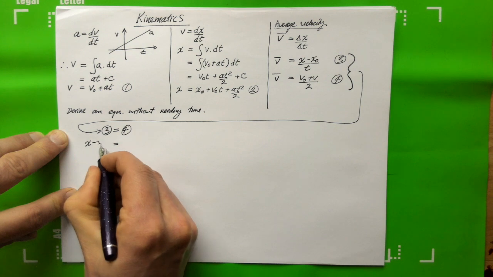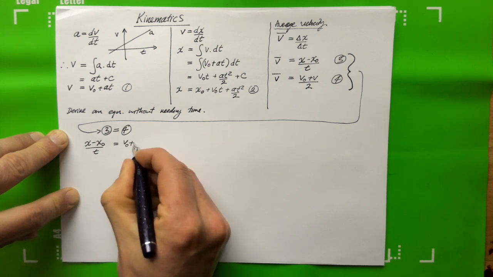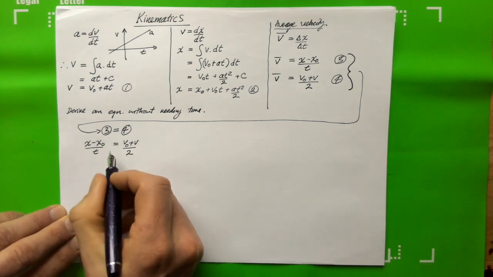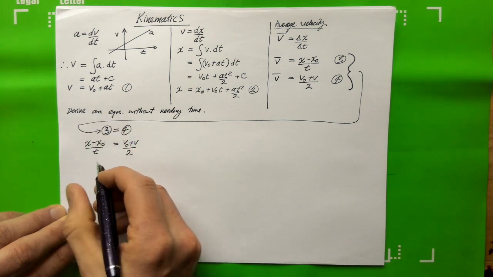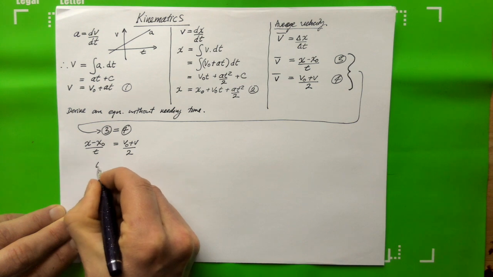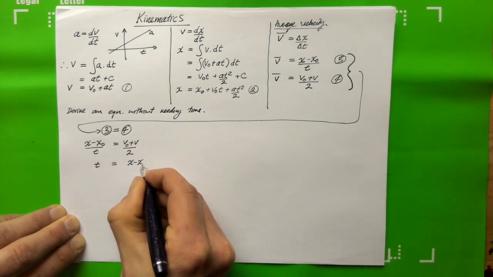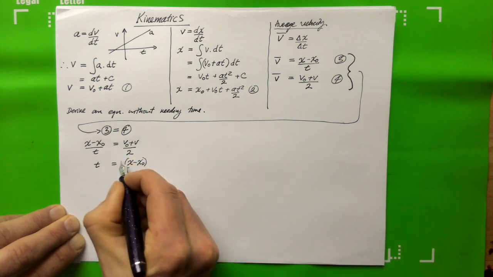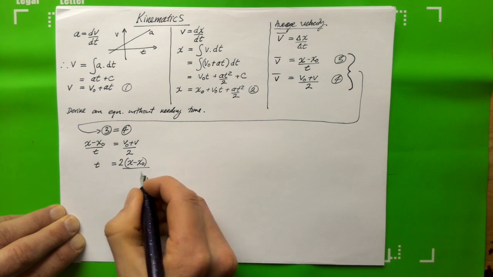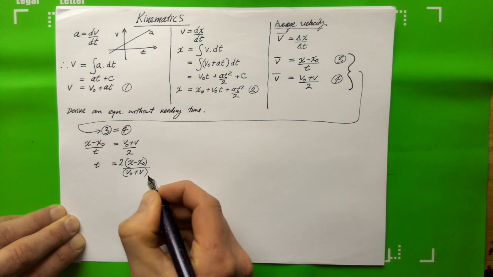So x minus x0 over t must be equal to v0 plus v over 2. We can rearrange this to make time the subject of the formula, and then we could combine it with equation 1. So let's try and do that now. So time is going to be equal to x minus x0 times 2 divided by v0 plus v.